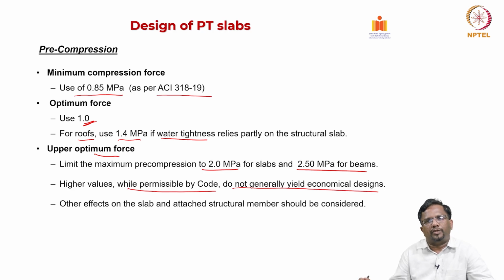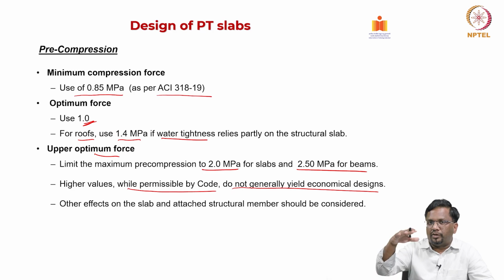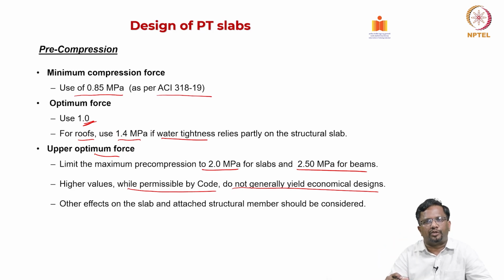We have to be careful, because when you put in excess pre-stress, you may create excessive camber and have issues. Then creep effects will keep coming, and you will have cracking at locations where you do not want it. So, sometimes in pre-stress, the stage of loading is also important.